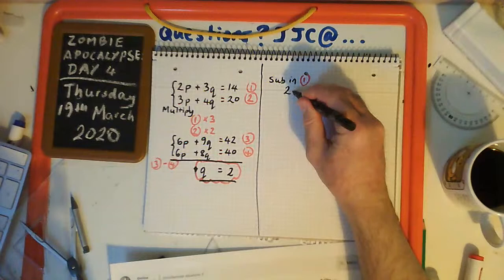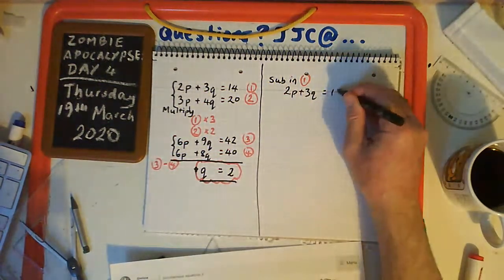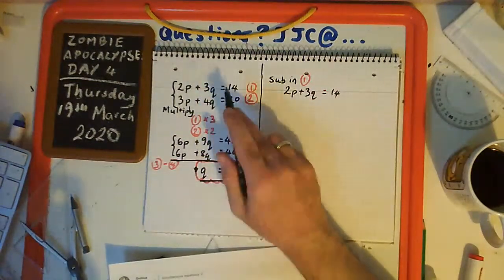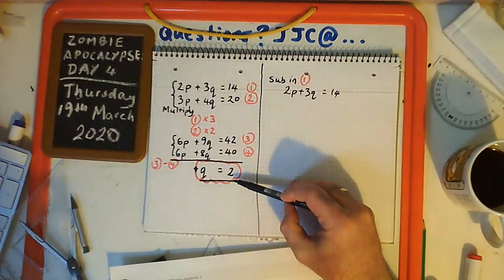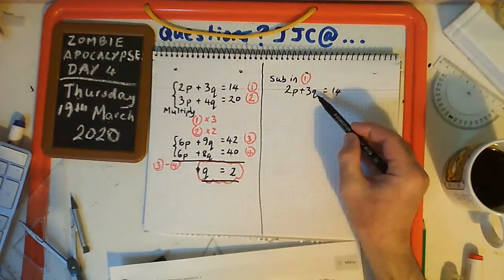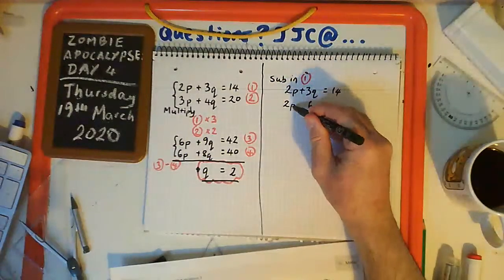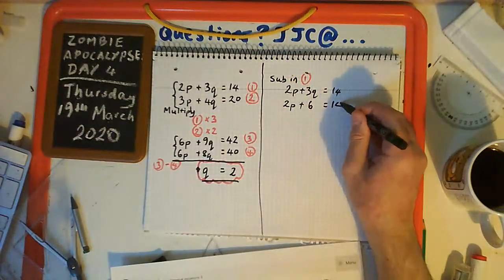So at the start I had 2p plus 3q equals 14. I've since figured out that q is 2. So this 3q, 3 times q, becomes 6. So that becomes 2p plus 6 equals 14.